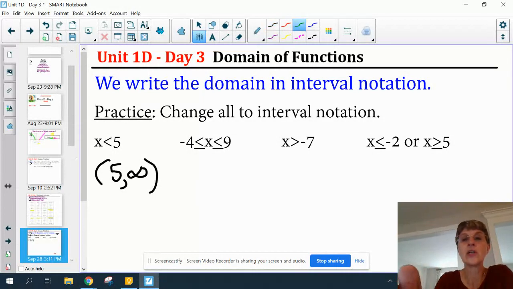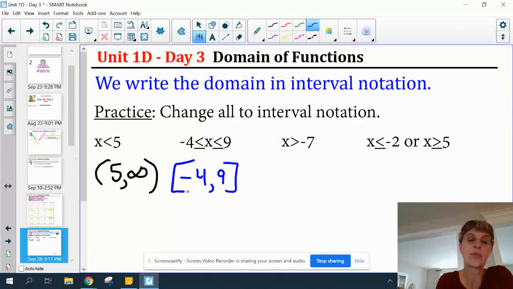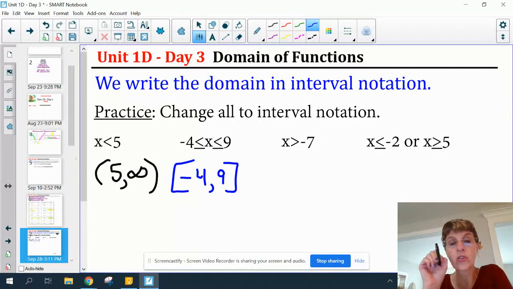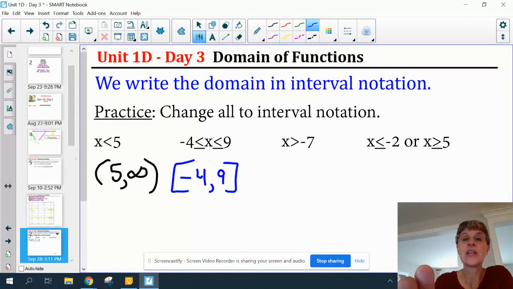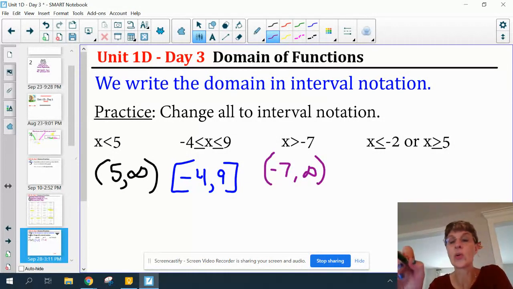The next one is just answers between -4 and 9. I look at the bars. They are included, so make sure those are solid, not open. The next one is everything bigger than -7. So I start at -7 and go to the right, but I don't include it because there's no equal bar.